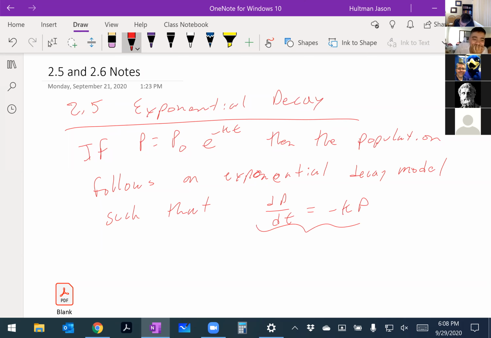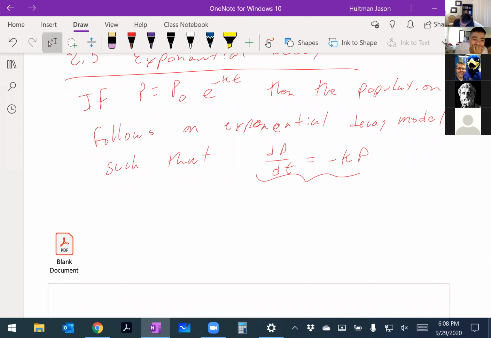So this is the differential equation. But this differential equation models this exponential function, okay?